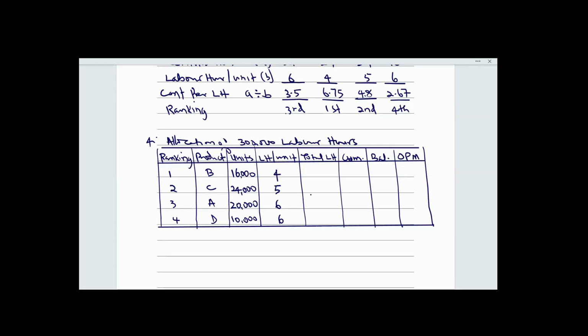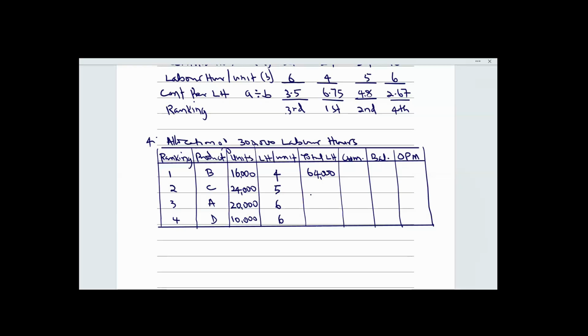According to the ranking, the highest ranking is product B. So 16,000 multiplied by 4 gives us 64,000. Out of the 300,000 labor hours, we have allocated 64,000 to product B.